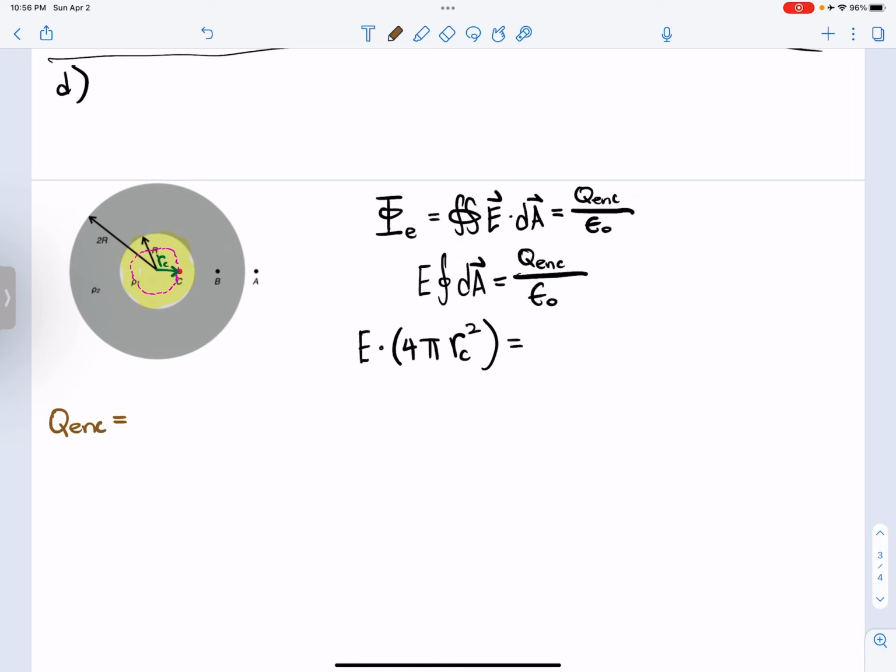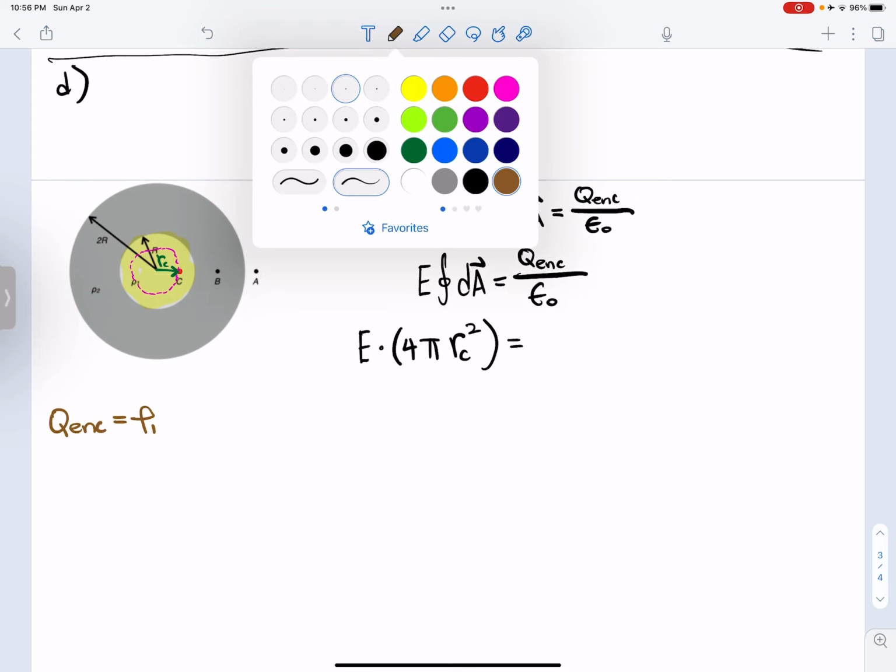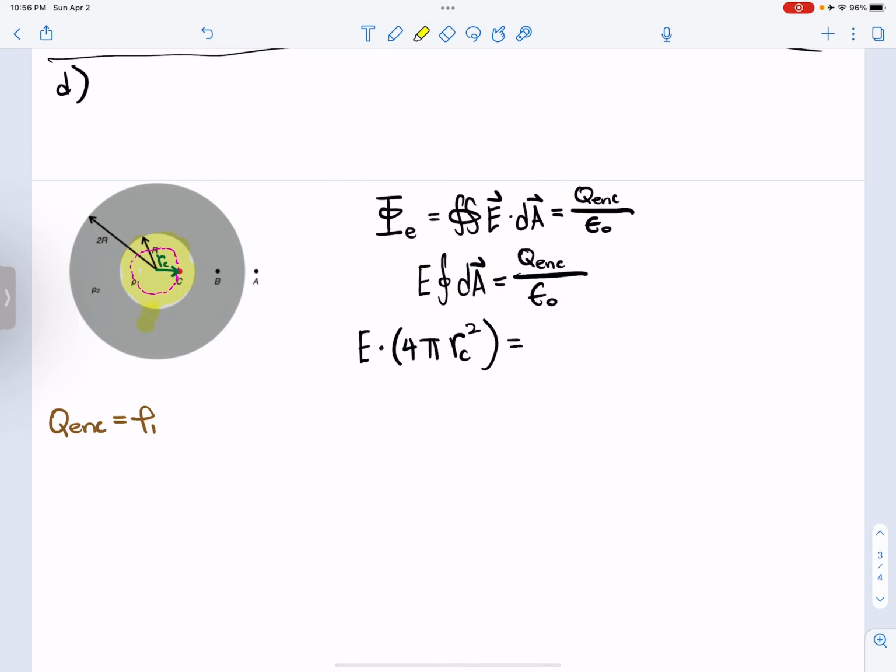That's going to be ρ1. That's a charge density. And what is the volume that I'm going to use? I'm going to use, in this case, the volume of my Gaussian surface right here.